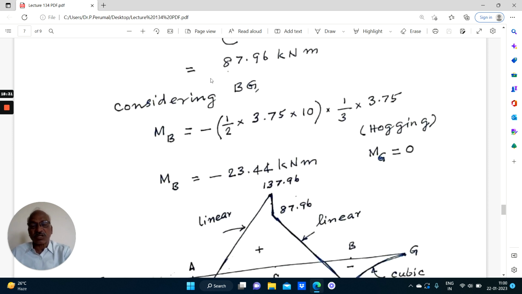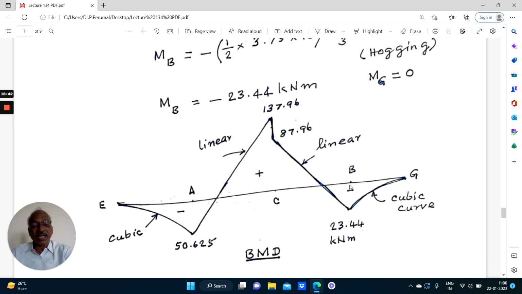So considering BG, namely the right-side overhanging part, the bending moment at the point B can be calculated by considering the load to the left of B. That will be tedious, involving a number of terms. Compared to that, when you consider the loads to the right, it is easy. You have a uniformly varying load.